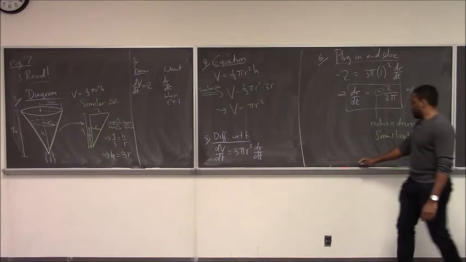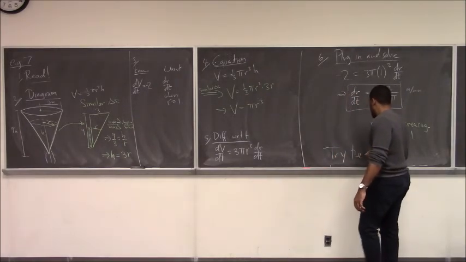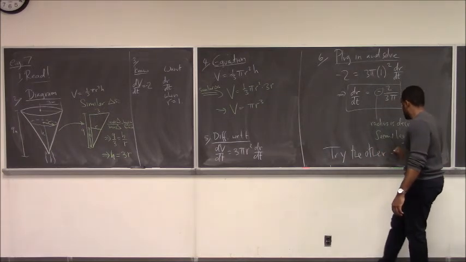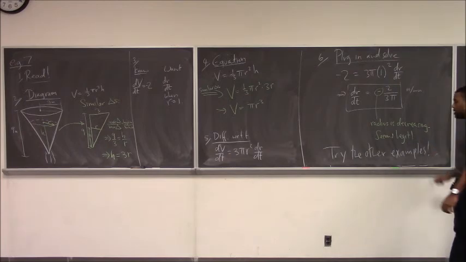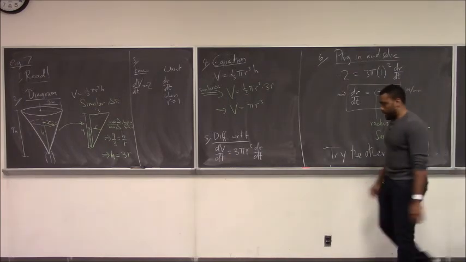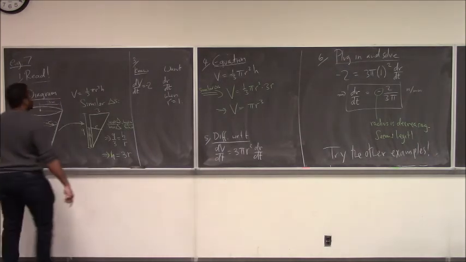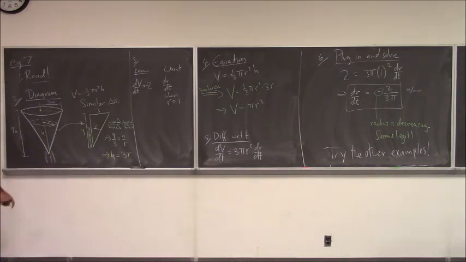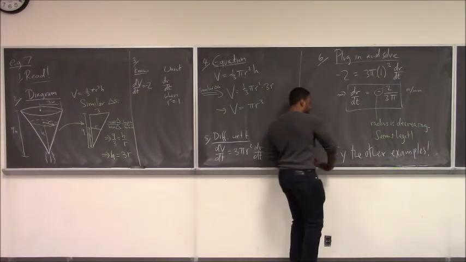So yeah, we'll do that. I'd probably try the other examples. Ask me questions if you have trouble figuring those out. But again, it's really the same 6 steps, but different problems can have little nuances and tricks here and there. I think we kind of covered all the main tricks.